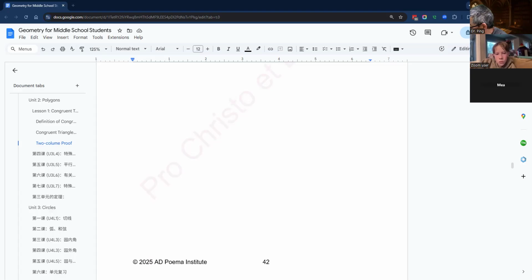You just type out the four theorems we learned to prove triangle congruency. So just write them out. Just use three letters to write out what they are.